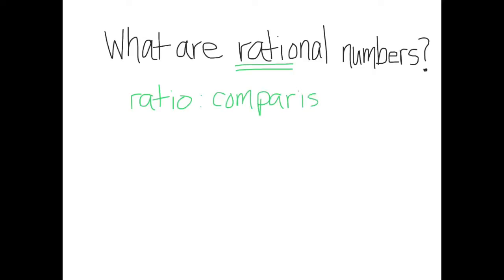So when we talk about rational numbers, we're talking about a comparison of integers. Now, remember, integers could be signed numbers. They don't have to have a sign in front of them, but they could.